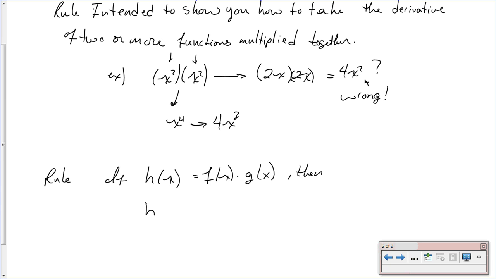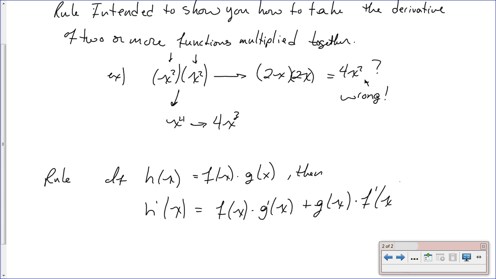Then h prime, remember, prime is your derivative, h prime equals f of x times g prime of x plus g of x times f prime of x.